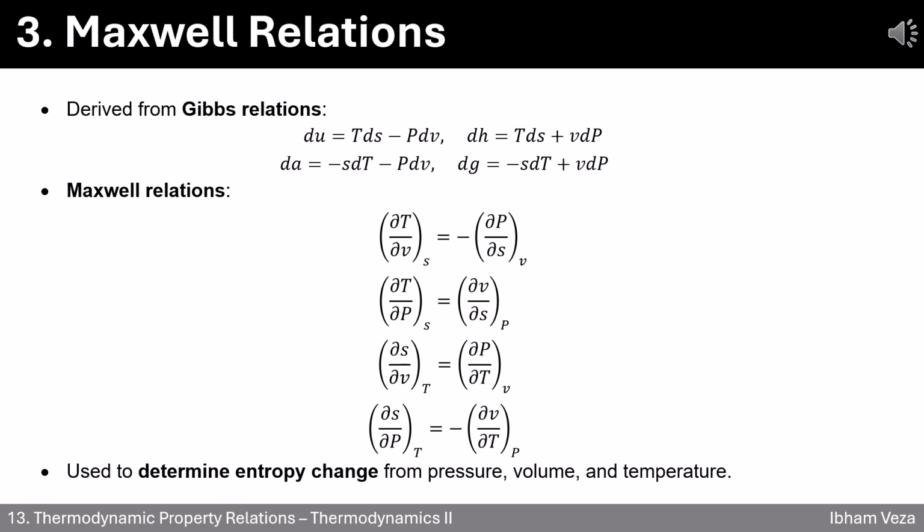These elegant equations connect temperature, pressure, entropy, and volume. Instead of re-deriving property changes every time, you can just apply these ready-to-use relations, like having a cheat sheet built right into thermodynamics. Most importantly, Maxwell relations help you calculate entropy change indirectly. When you can't measure entropy directly, Maxwell relations translate measurable changes in pressure, volume, or temperature into useful answers.